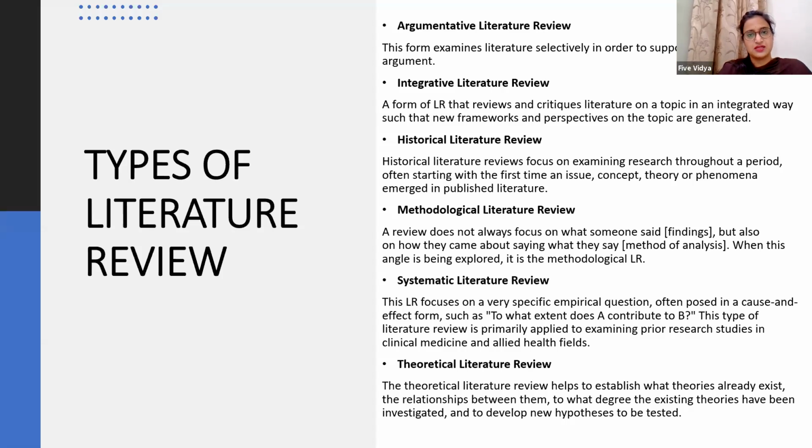You have a specific research question, and then we try to find an answer for that question. I'll show you an example of a systematic literature review later on. There is a proper format for doing a systematic literature review, which we will study a little later.